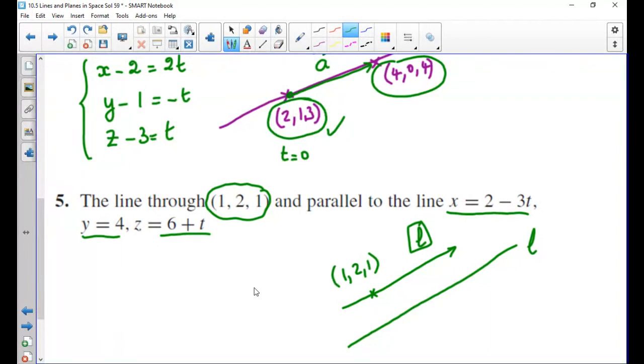What is missing? The vector, yeah? The vector is missing, but because the lines are parallel, that means they will have the same direction vector. Now this A, can I get it from the equations of this line? What is the vector A? Minus 3, 0, and 1. Yes. So A is actually minus 3, 0, and 1. So now you have the point and you have the vector.